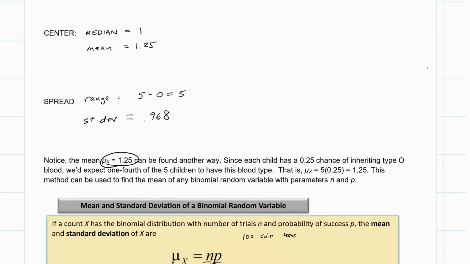Well, that's certainly a binomial situation. And we expect 100 times 0.5, we expect 50 heads, 50 successes, n times p, right? And you could see that this 1.25 could have been thought of as 5 trials with a probability of success of 0.25. And that's our 1.25.